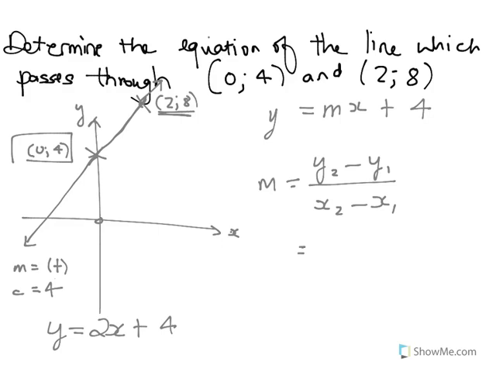So I would say 8 minus 4 over 2 minus 0. Very important that this should represent your first point and this should represent your second point. So that would be 4 over 2, and so I find that my gradient is 2. So now I know that m is equal to 2.